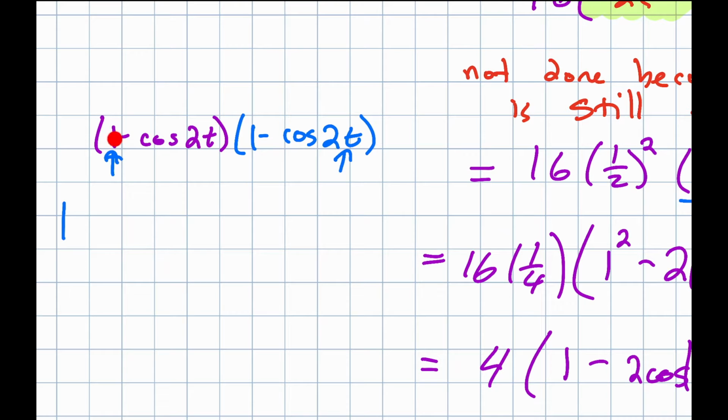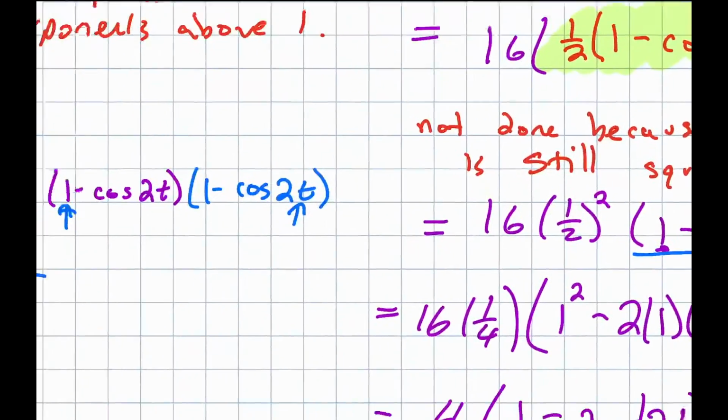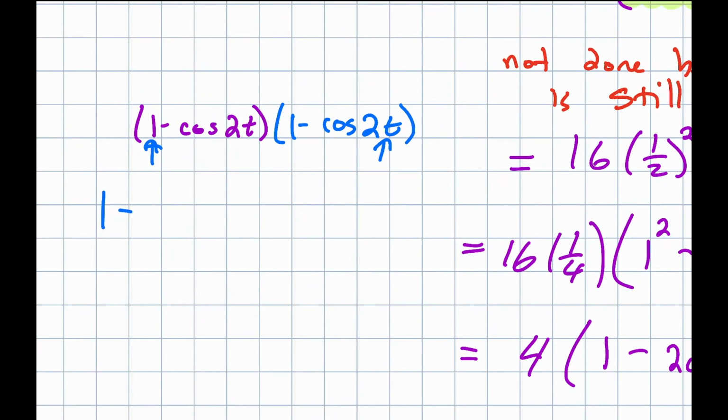So you're going to have 1 negative cosine 2t, so minus, wait, hold on, is this right? Yeah, okay. Minus cosine 2t. Then you've got the inner 2, which is this and this. So negative cosine 2t times 1 is another negative cosine 2t.